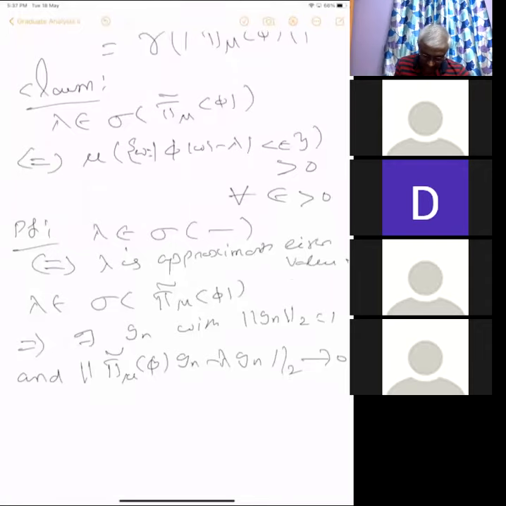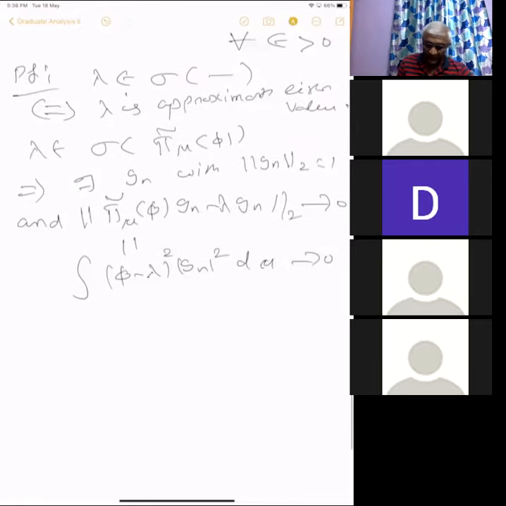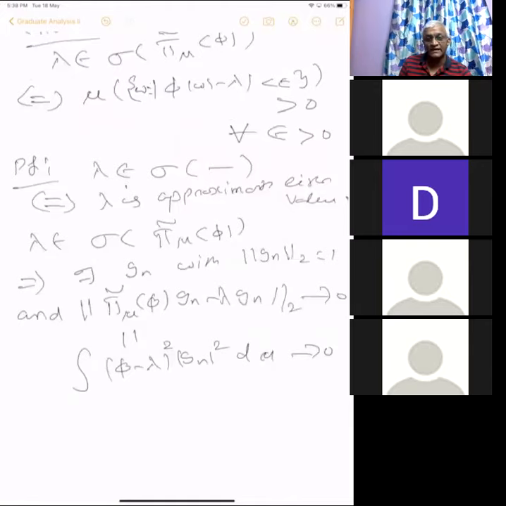Okay, so this is just equal to the integral of phi minus lambda times Gn, whole square, d mu, goes to 0. The claim is that this should imply that that set has measure greater than 0.